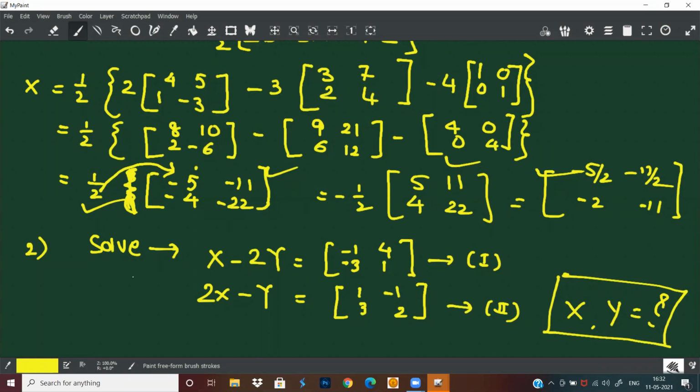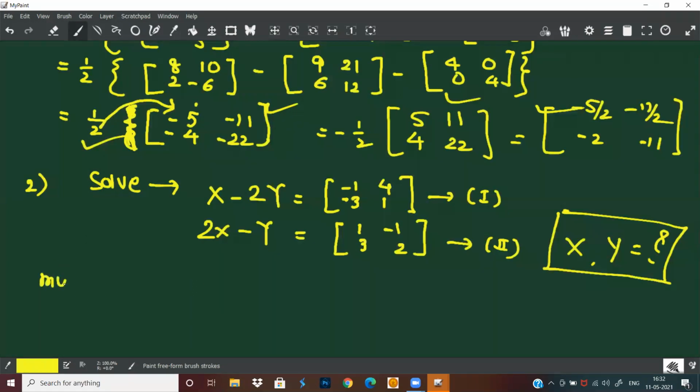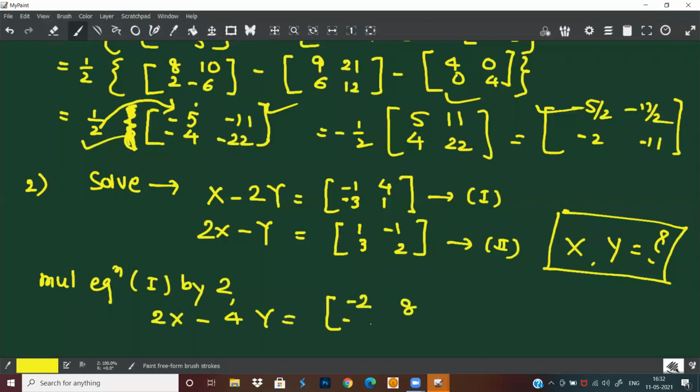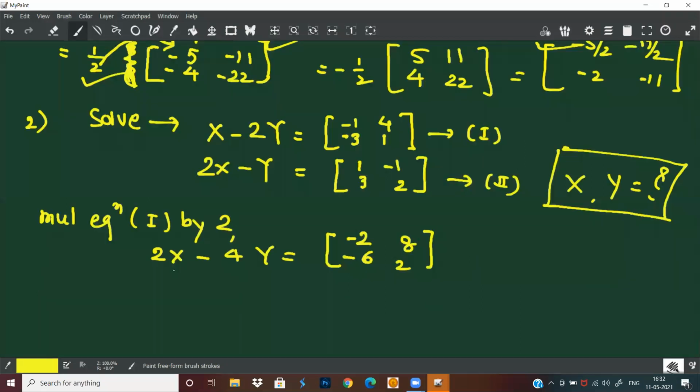So what we can do now, I can multiply, say, equation 1 by 2. Multiply this x, and the other becomes 2x minus 4y. Each number you multiply by 2. Correct? All right, and write the same below it.